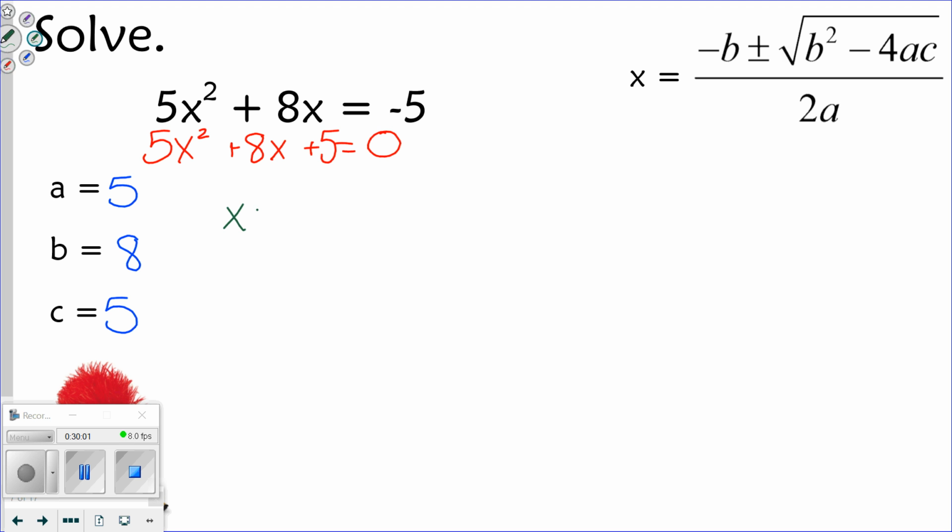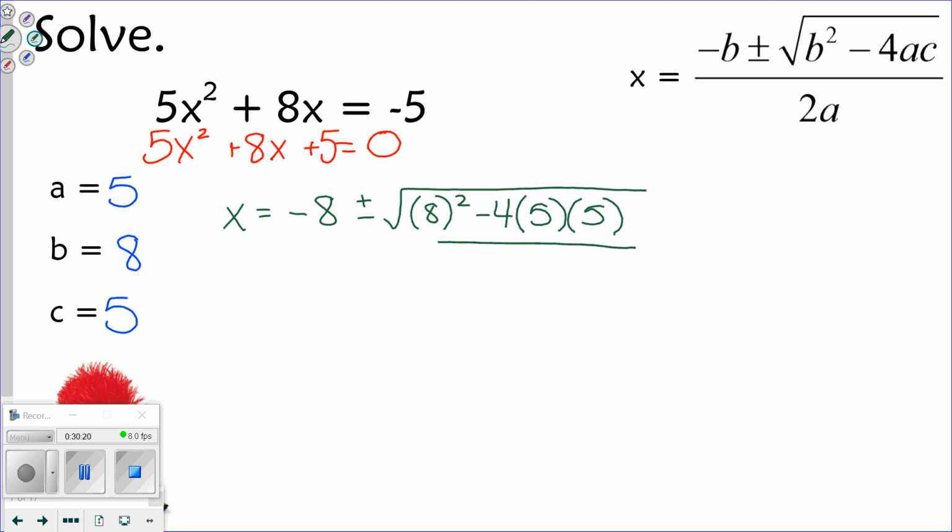So x equals negative b. It's going to be negative 8 plus or minus the square root of b squared, so 8 squared, minus 4 times a, which is 5, times c, which is also 5, all over 2 times a, which is 5.